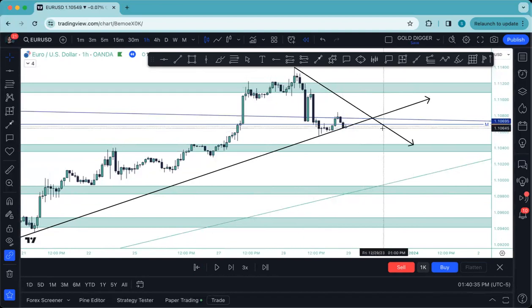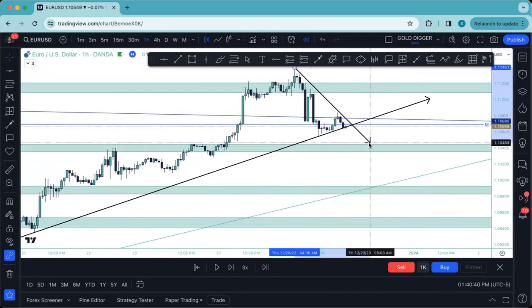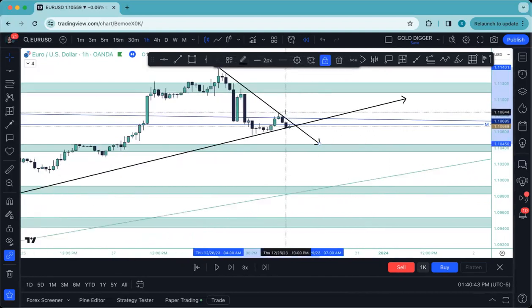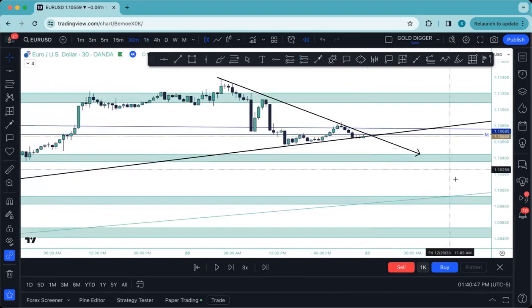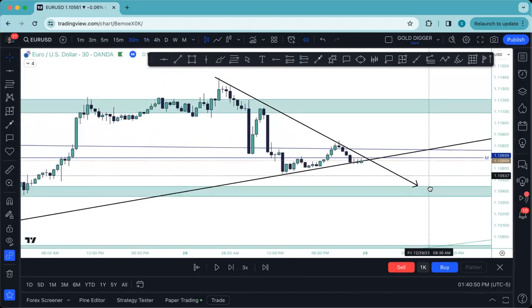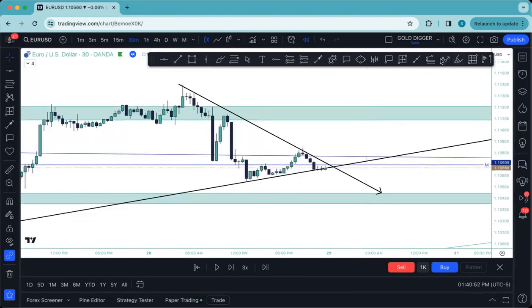And you have the trend line like that. That's a little bit too steep, but in the 30 minute. So say it's like that. It didn't break anything yet. It could very well break this top trend line on the 1 hour, retest, and then go up.